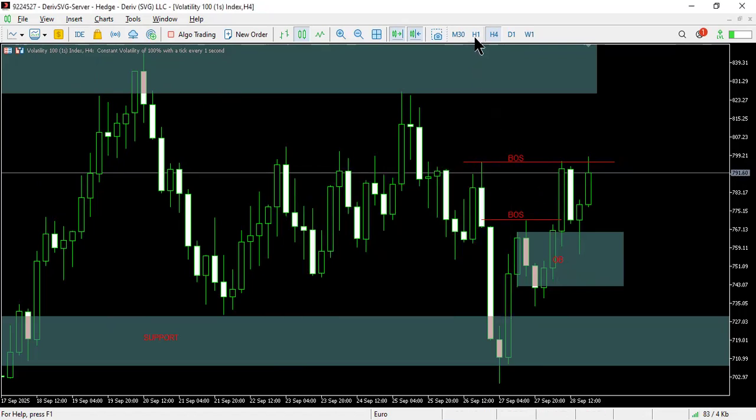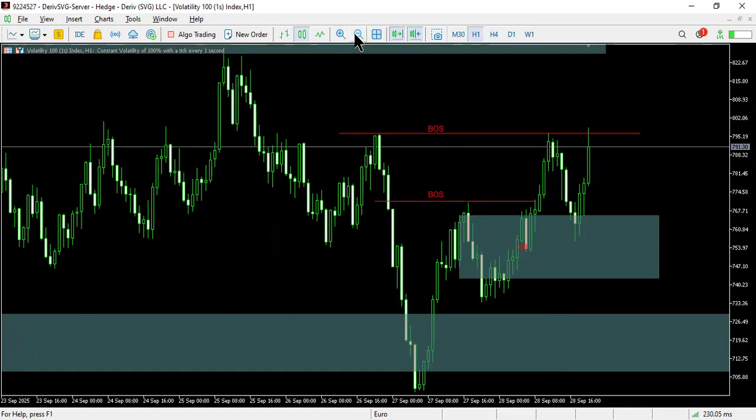And then if we go to the 1 hour time frame, we can see that break of structure.